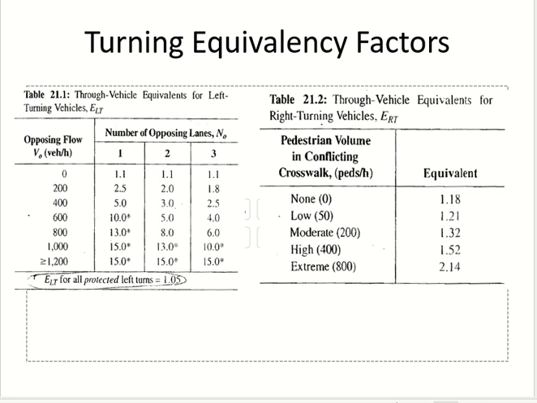You can see it depends upon the number of opposing lanes and the opposing volume. What opposing means: if I am taking the left turning from this direction, the opposing is the one which is conflicting with me. This left turning will not conflict with the opposite left turning.